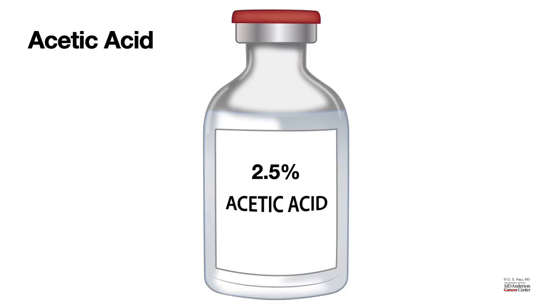Acetic acid, otherwise known as vinegar, can be used for evaluation of patients with Barrett's esophagus, in the stomach for defining the extent of intestinal metaplasia, and in the colon for defining the extent of subtle flat polyps, i.e. sessile serrated polyps. And how do we use this?